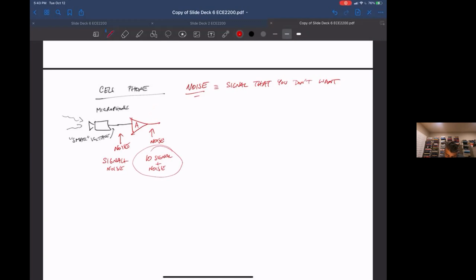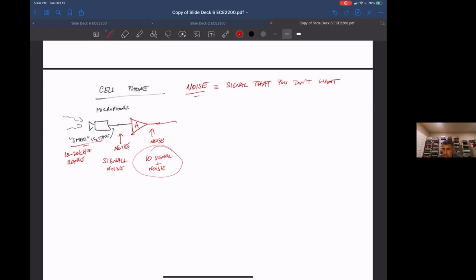Another thing about audio signals is they're pretty low bandwidth. If you're talking about your voice, the signal coming out of the microphone is maybe in the 10 to 20 kilohertz range in terms of frequency. And so you're just amplifying that.